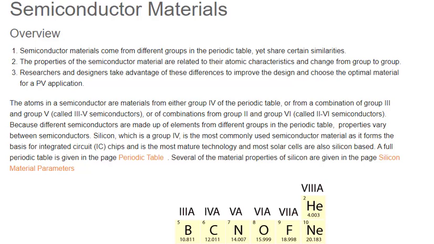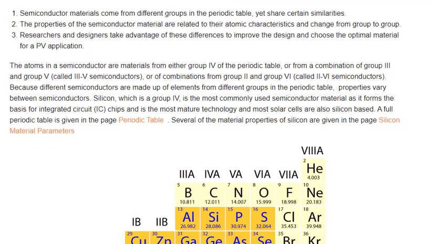Silicon, which is group IV, is the most commonly used semiconductor material as it forms the basis for integrated circuit (IC) chips and is the most mature technology, and most solar cells are also silicon-based. A section from the periodic table. More common semiconductor materials are shown in blue.